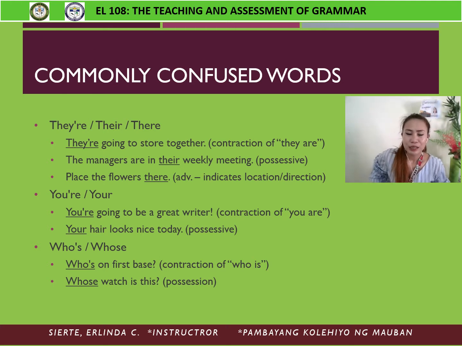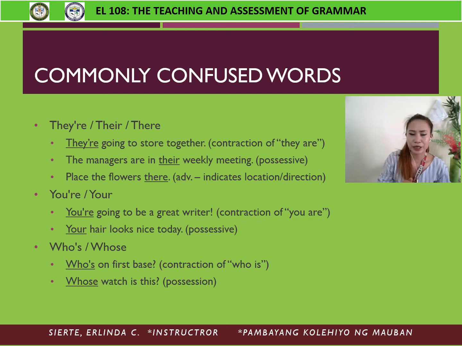There, their, and they're. So what is the purpose of these words, or how are we going to identify what their purpose or function should be when we use them in a sentence? The first one: "They're going to start." The word they're is just a contraction of the words they and are.